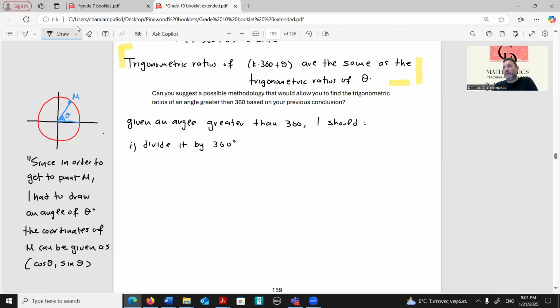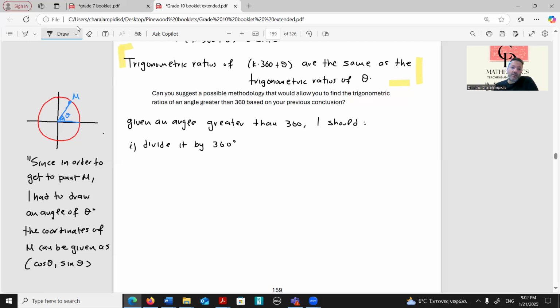I don't necessarily need the exact division. I simply need its integer part. So if we end up with 2 point something, I just need that 2, because this would show the full circles that would be drawn. If, however, I want to do the full division, it's okay.